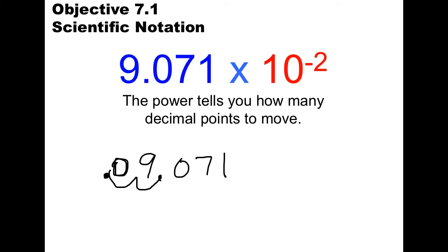So this number, 9.071 times 10 to the negative second power, is 0.09071. And so we can tell that scientific notation is an easier way to write smaller numbers.